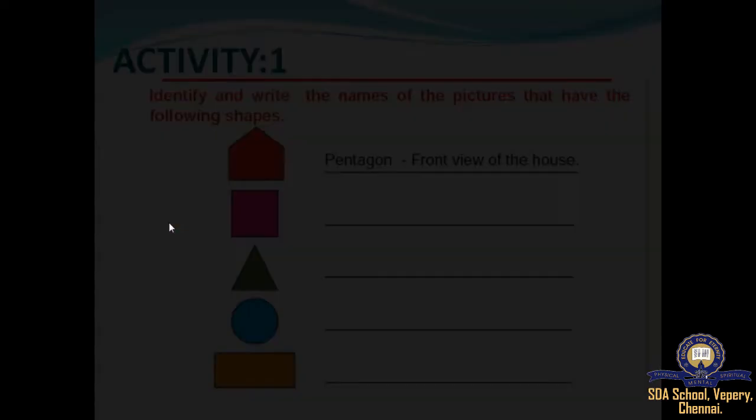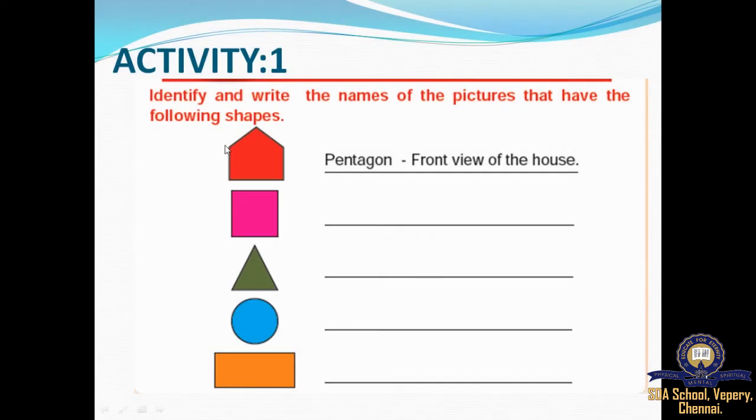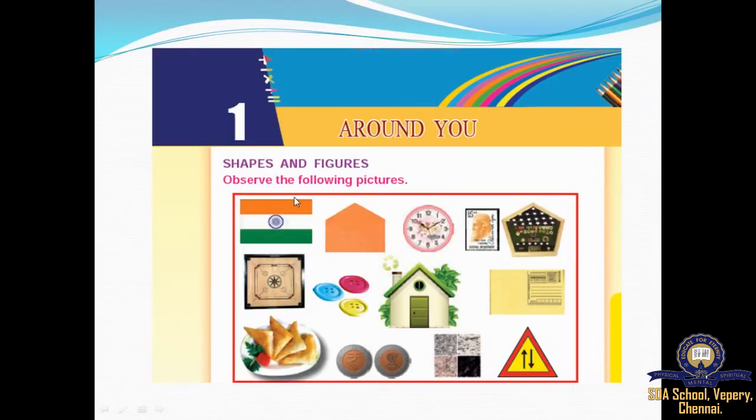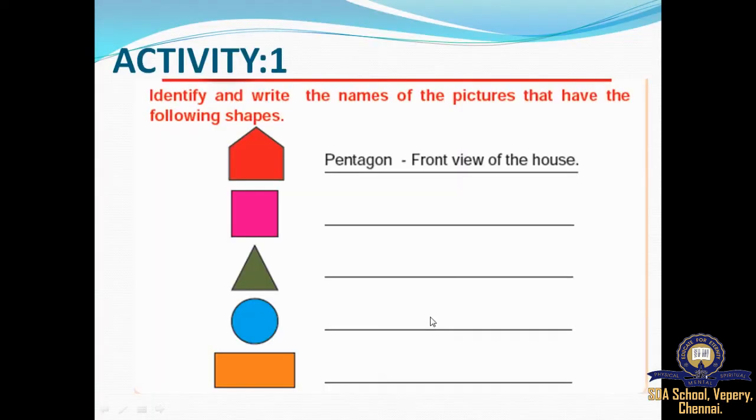Right. For example, the first shape is pentagon. Yes. Which one is the pentagon here? Yes, the front view of the house is pentagon in shape. So, it is written as pentagon hyphen front view of the house.